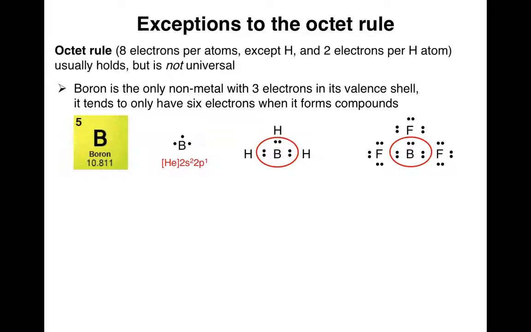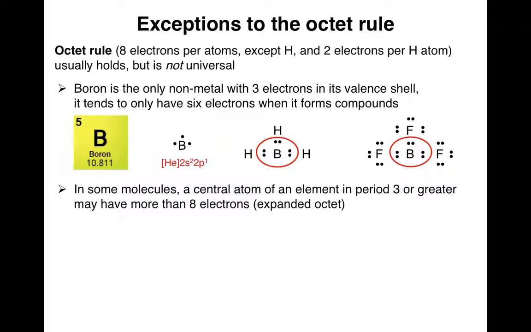Examples of boron compounds are boron trihydride or boron trifluoride. You can see that boron has 6 electrons in each of these compounds. In some molecules, a central atom may have more than 8 electrons. This is referred to as an expanded octet.